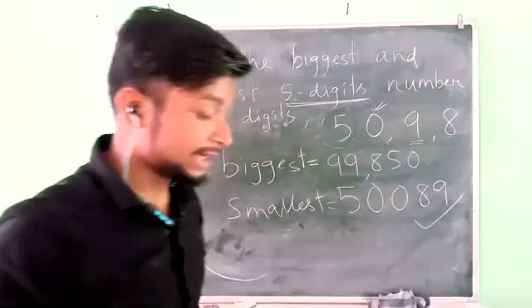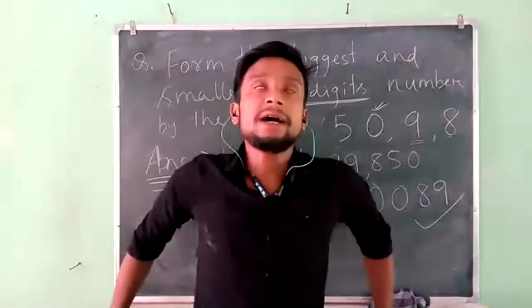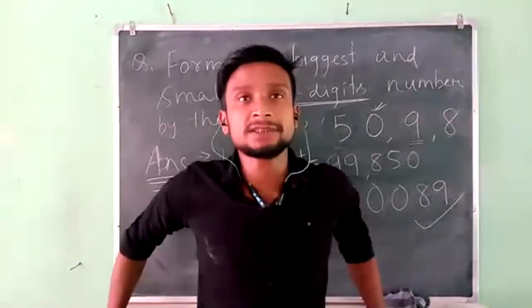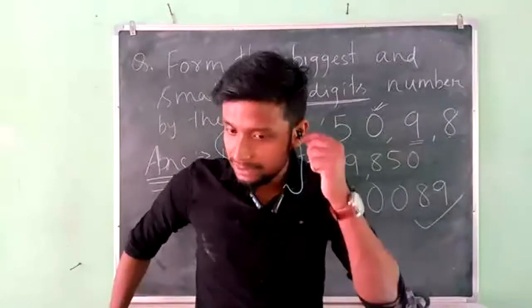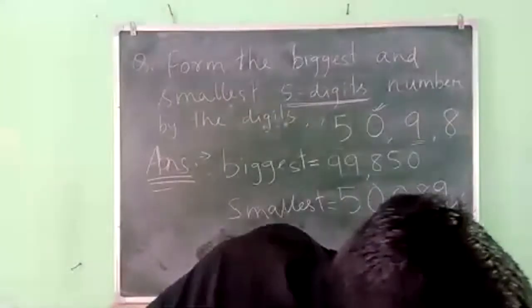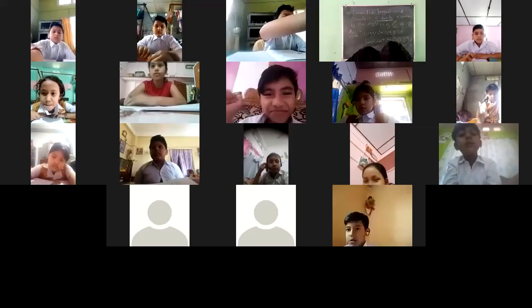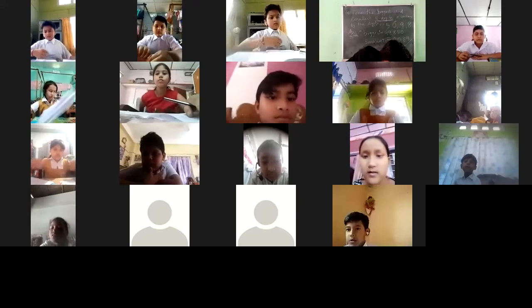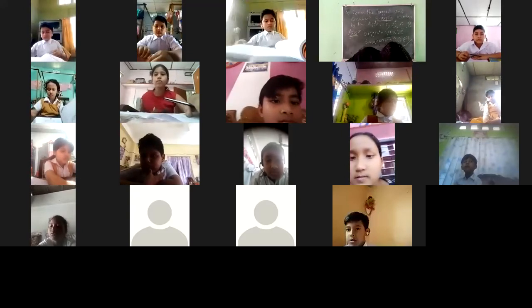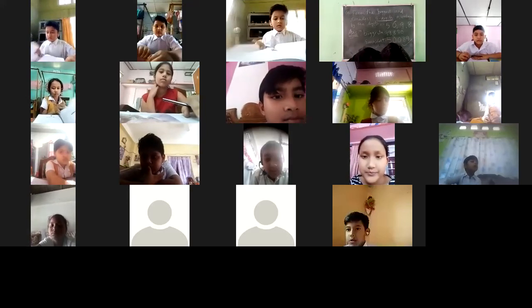Okay, next, in the next exercise. Now Anubhav and Bhargesh, tell me first, in the next exercise what you have. Is it Roman numbers? Exercise number 1F. F, sir.